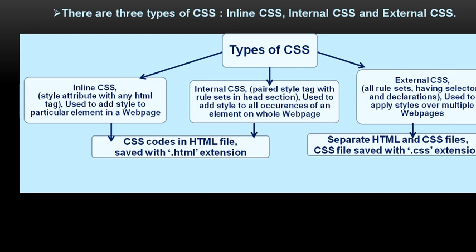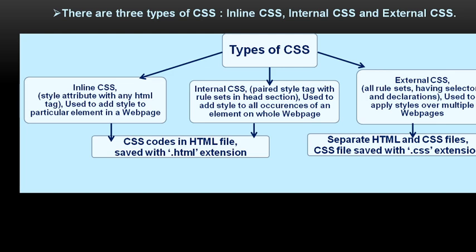So in this case we use a style tag in the head section of HTML document. This style tag is a paired tag and there we use the rule sets.